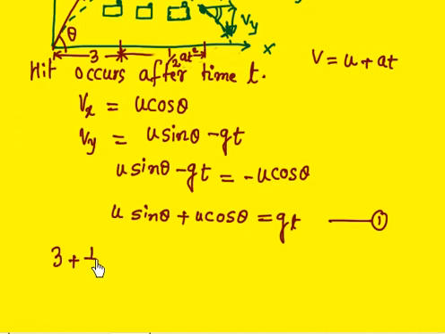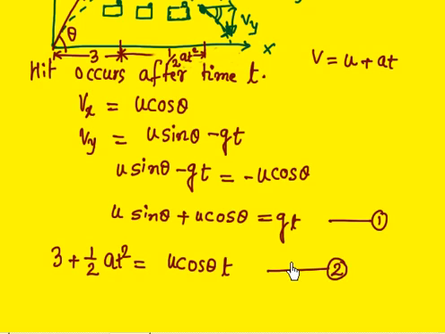This is equal to the distance traveled by the projectile, which I can write as u cos theta into t, the x direction equation. Are you getting or not? So this is the easy equation, equation number 2.